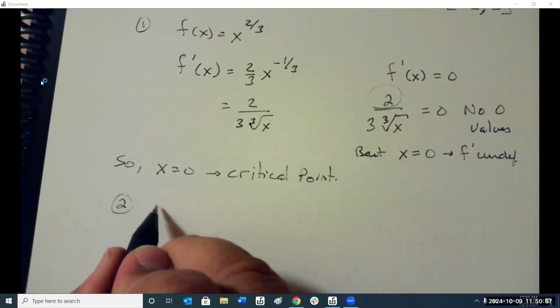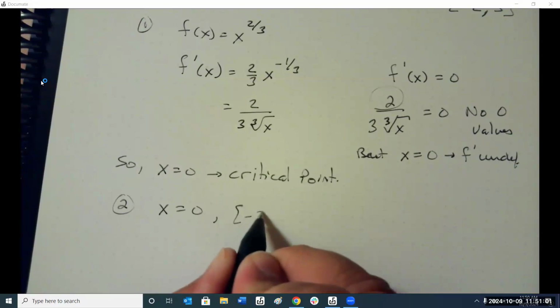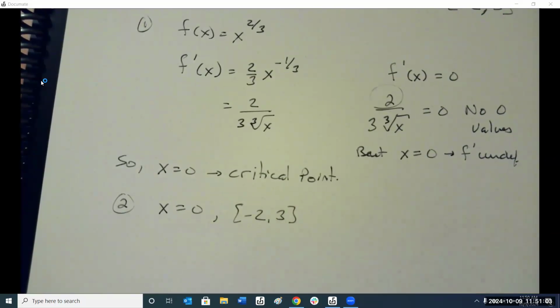Step 2, we have x equals 0, and we have -2 and 3.